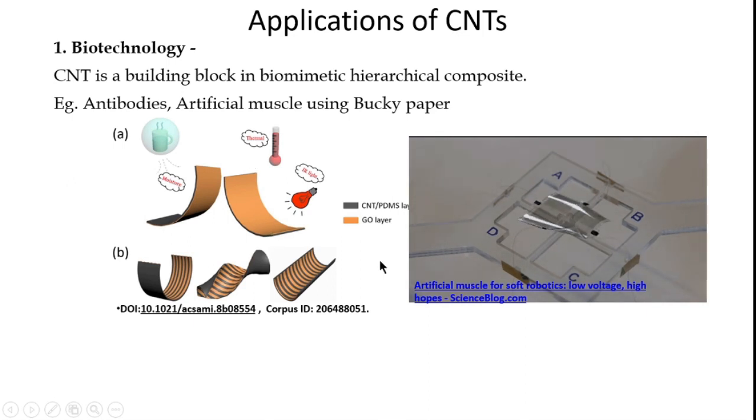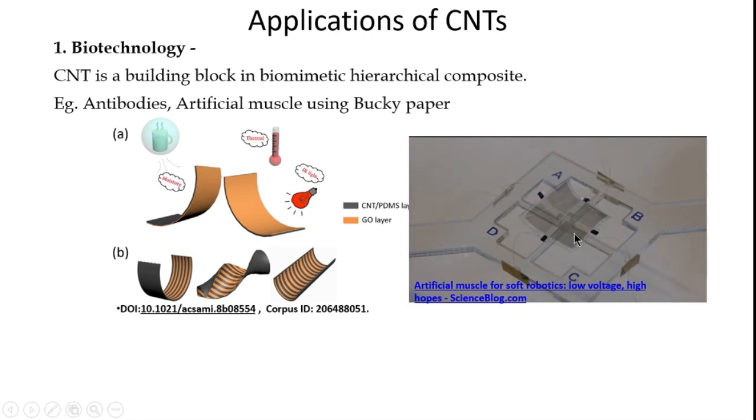In the actual video, which is made using this Bucky paper, you can see here this thin layer of CNT is developed on this sheet and voltage is supplied. You can see here on this side, if the voltage is developed, then this side will bend.